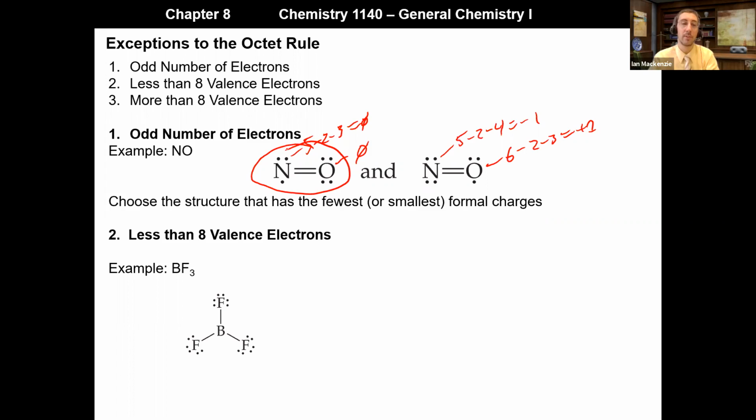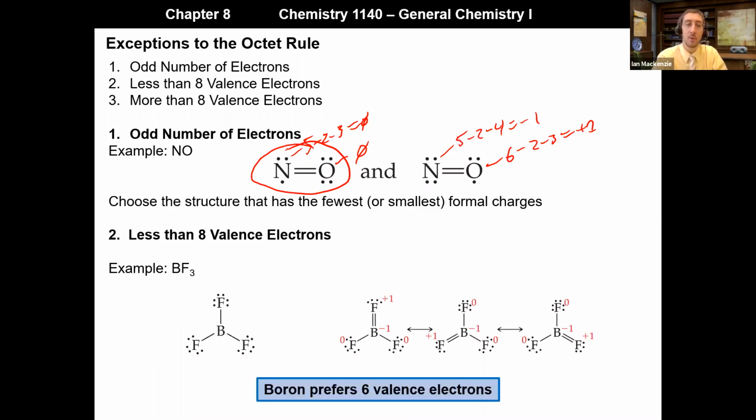If we go to satisfy the octet by sharing an electron pair from fluorine, what we notice is that regardless of which fluorine we share from, we end up inducing some formal charges. So the fluorine that shares its lone pair gets a +1 charge, and boron always gets a -1 charge in all cases. However, if we look back at the original structure where boron didn't have a full octet, if we do the formal charges in that case, they're all 0.